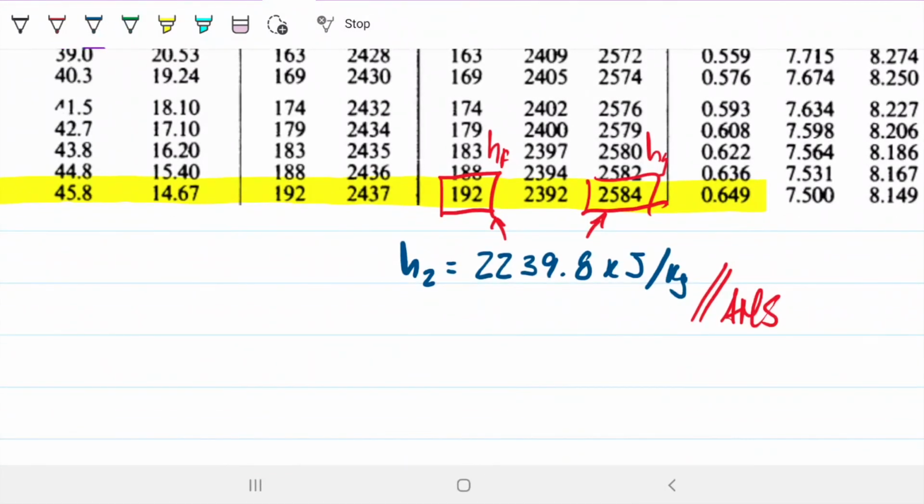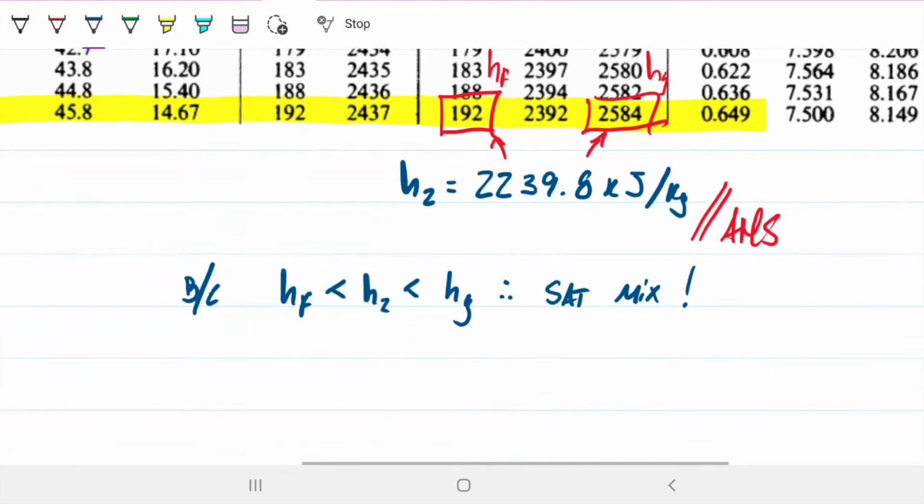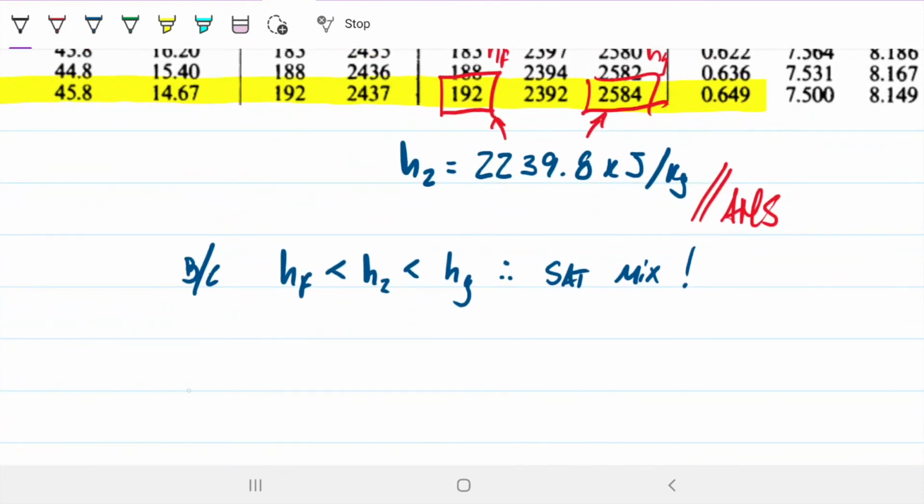Because HF is smaller than H2, which in turn is smaller than HG, then we know this is a saturated mixture, and we can be sure of that. Not only that, but we can also calculate how much of each we have, right? That's quite straightforward. The quality will be equal to the difference between what I have and the HF, divided by the difference between the two.